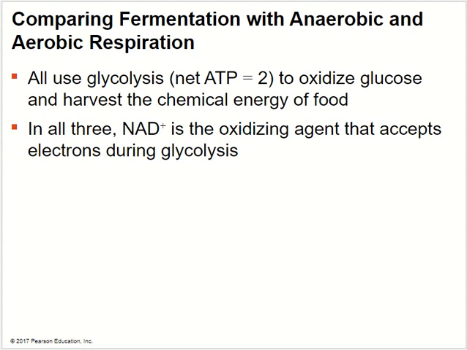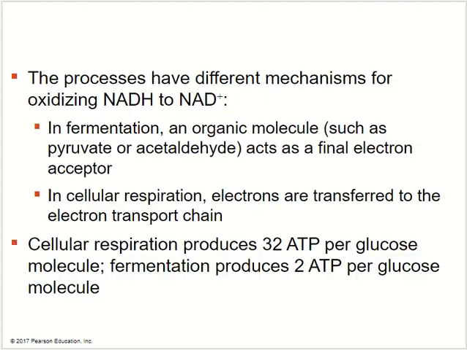All use glycolysis, whether it's fermentation or aerobic or anaerobic respiration, to yield a net 2 ATP, to oxidize glucose and harvest the chemical energy of food. In all three, NAD+ is the oxidizing agent that accepts electrons during glycolysis. The processes have different mechanisms for oxidizing NADH to NAD+.